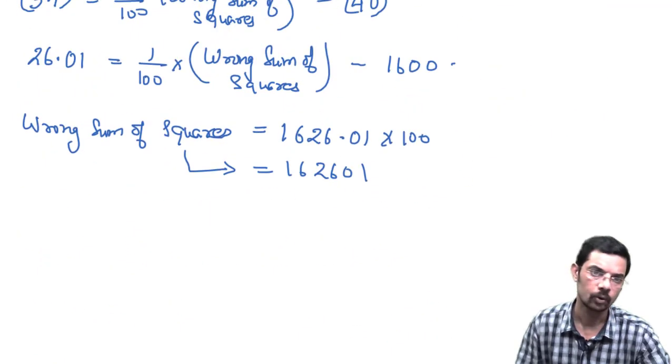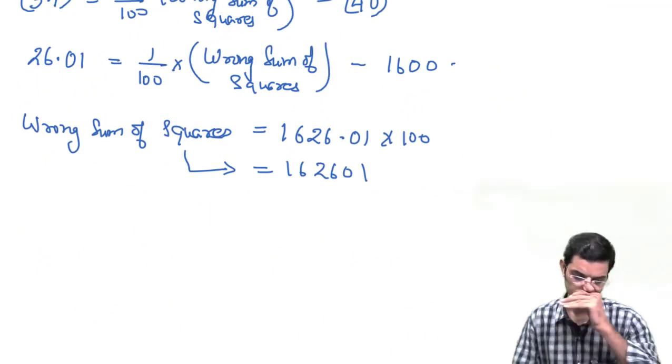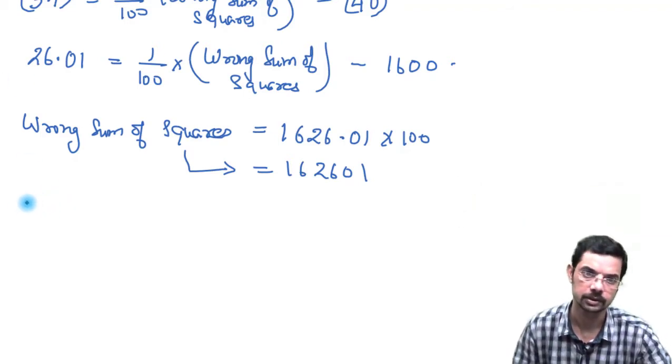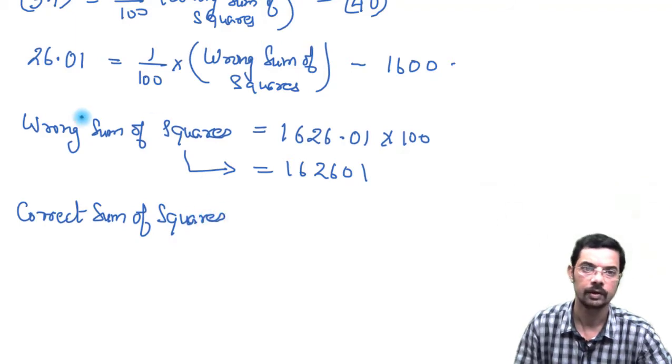Now what are we supposed to do? Now we need to find out the correct sum of squares. How to find the correct sum of squares? We have found out the wrong part and we need to correct this.